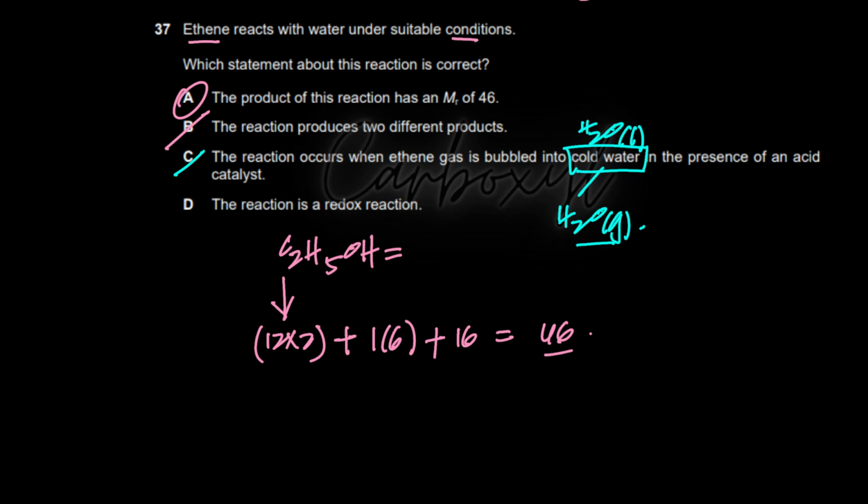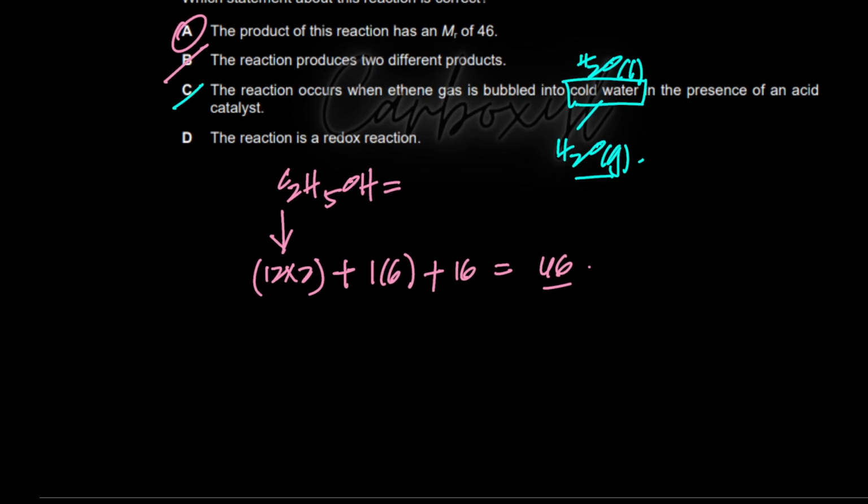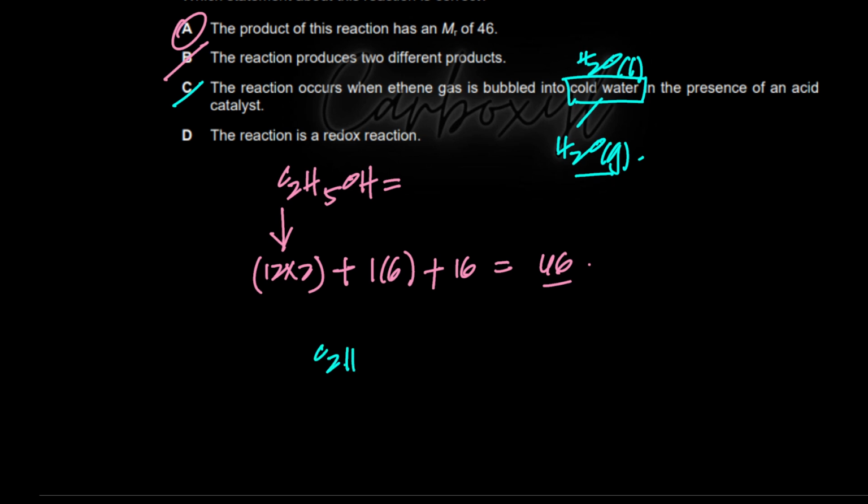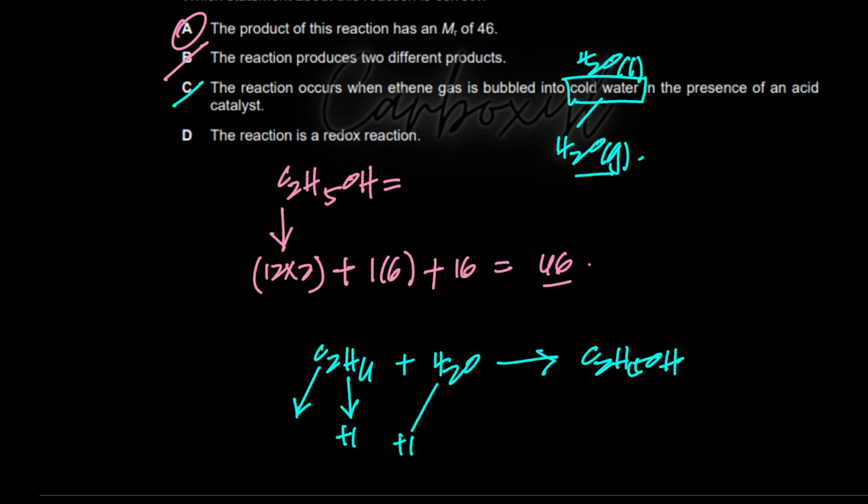You could write the equation out: C2H4 plus H2O gives C2H5OH, and you could calculate the oxidation state of carbon here. Hydrogen is +1, oxygen is -2.